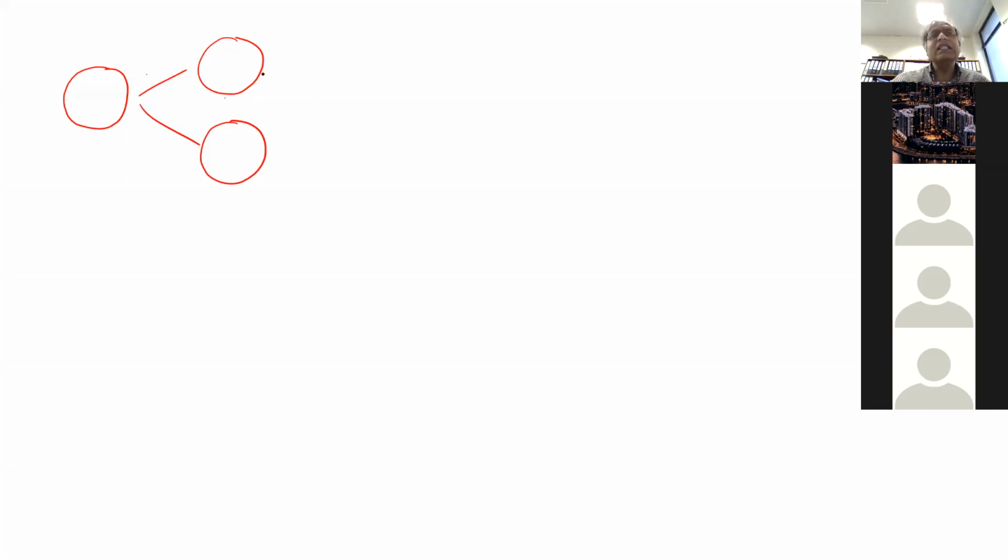So after cell division in mammals, there comes a developmental stage which is called the blastocyst stage.